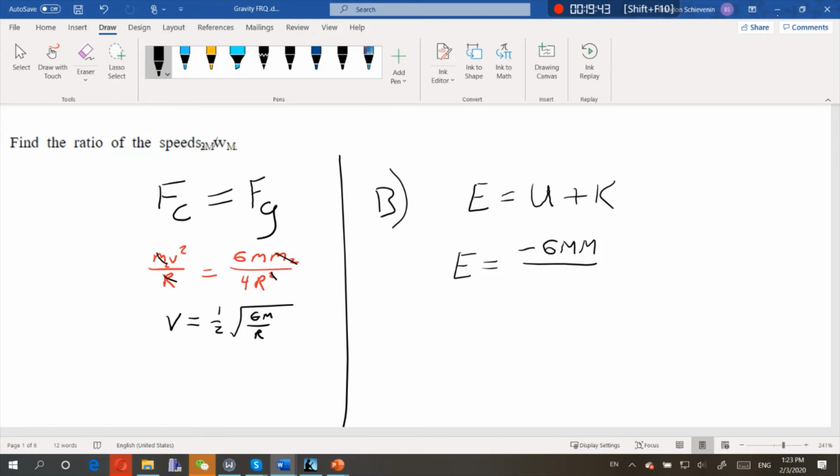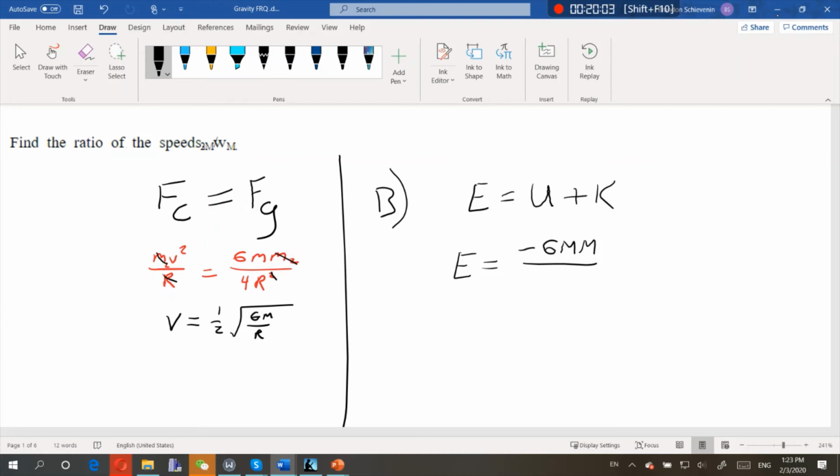Over, normally this would be R, but which R is this? Is that the distance between the centers of mass, or the distance to the center of the orbit? Distance from center to the other planet.